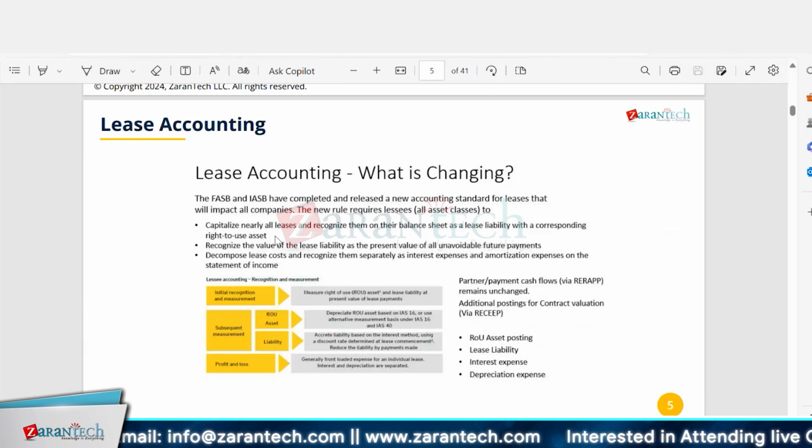Correct, I mentioned that now an asset will be created, ROU asset capitalization, and simultaneously a lease liability will be posted. Recognize the value of the lease liability as the present value of all unavoidable future payments.